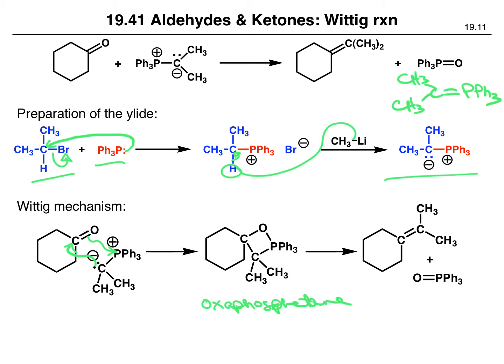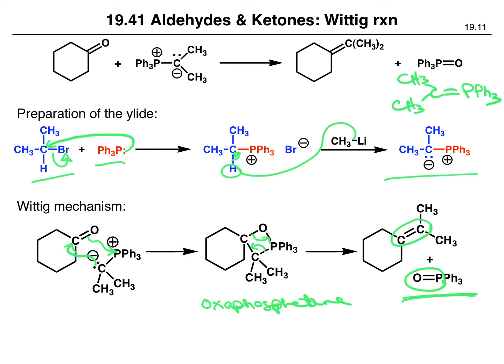From here, this square is going to break down. We can imagine these electrons move here, these electrons move here, giving us the new alkene and the new phosphorus-oxygen double bond. The good news is the triphenylphosphine oxide, this is the driving force for the reaction. The bad news is that it is really hard to separate that from your desired compound.